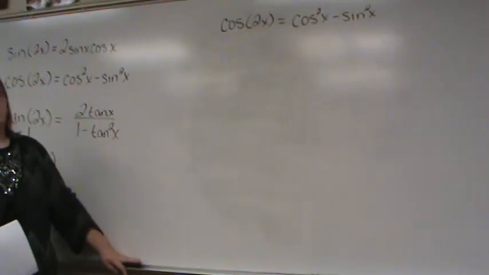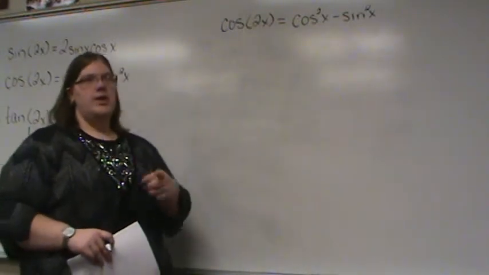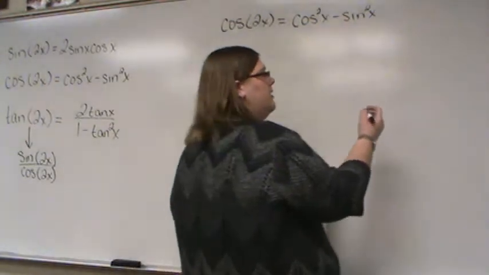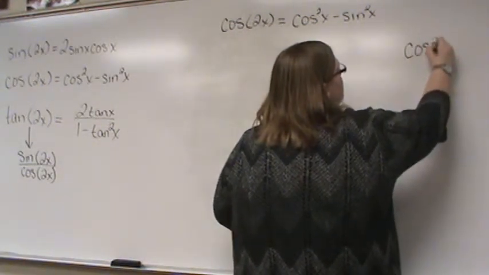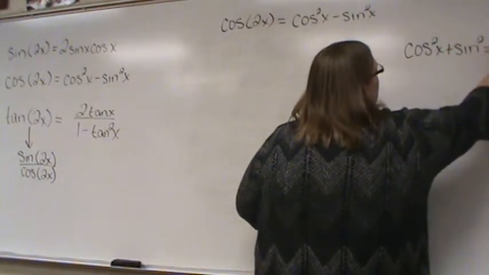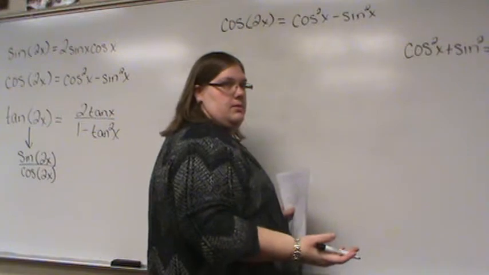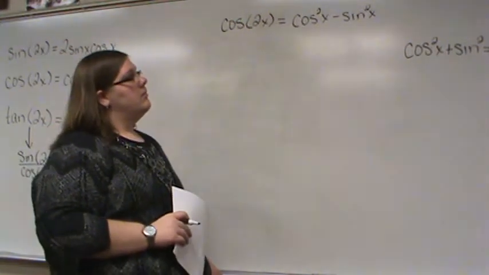Well, identity's adding them, so you can't. Okay, but you're thinking about the Pythagorean identity. So what our Pythagorean identity said, cosine squared x plus sine squared x equals what, right? That's what you're talking about? Yeah, but for that to work, wouldn't it have to be negative cosine squared x?